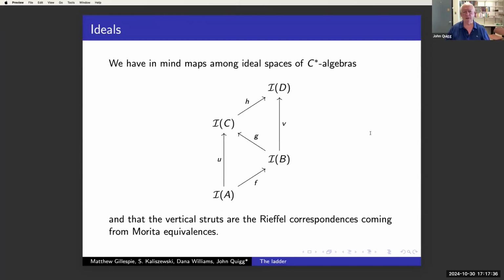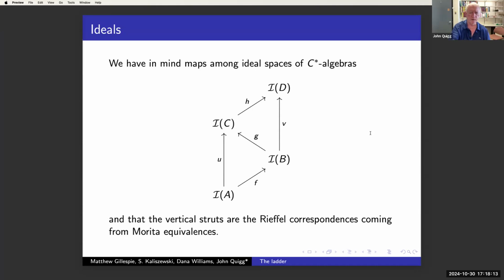And now, have in mind, in this particular case, maps among ideal spaces of C-star algebras. So now A, B, C, and D are C-star algebras. In each case, I of the C-star algebra means the space of all ideals. The rungs and the vertical struts are maps among the ideal spaces. In this application, we imagine that the vertical struts are the Rieffel correspondences coming from Morita equivalences.